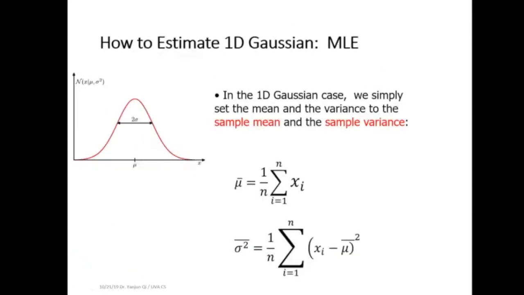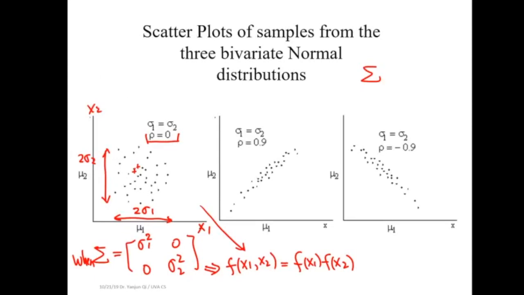So I told you, when I know the probability model, you sample data, and you already know the sigma, you know the rho, and you also know the mu, right? In this case, you assume the mu vector, and then you know the sigma, and the whole distribution is fully determined, and then you sample the data.